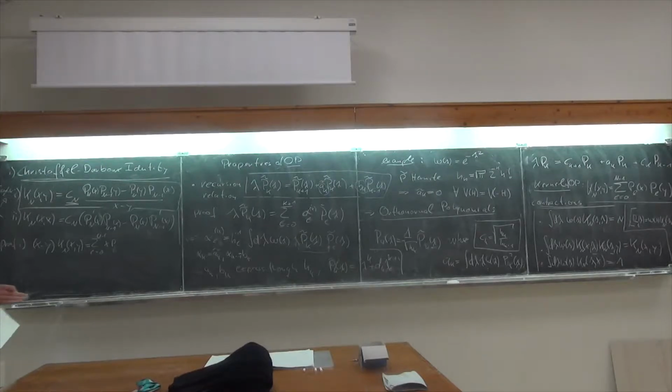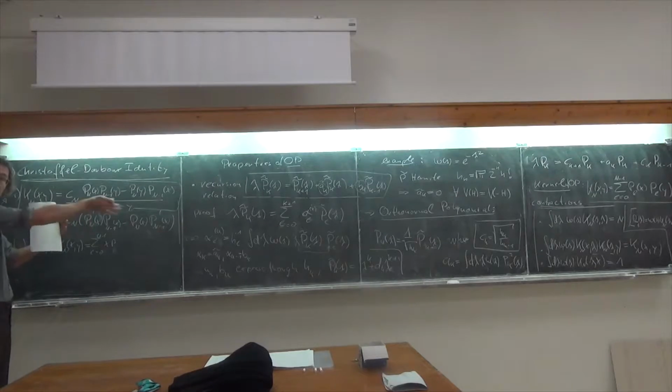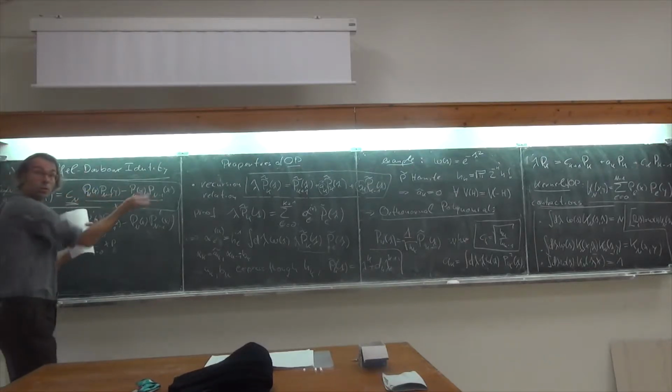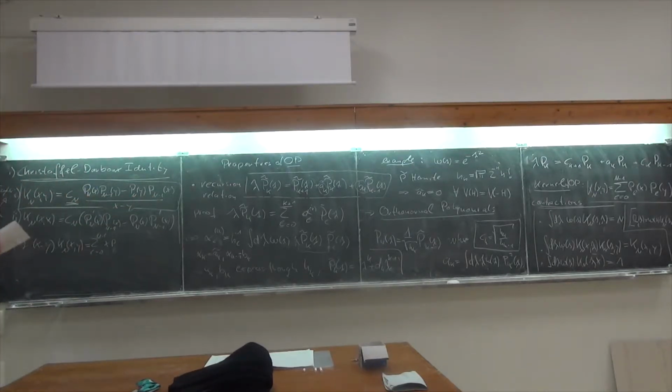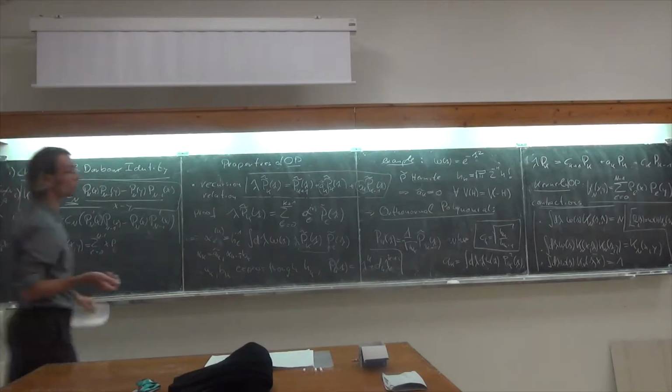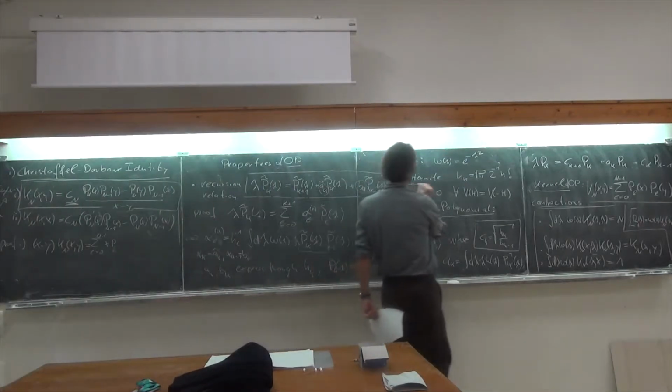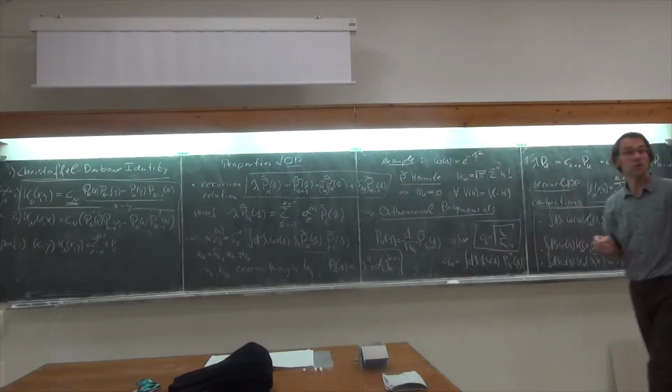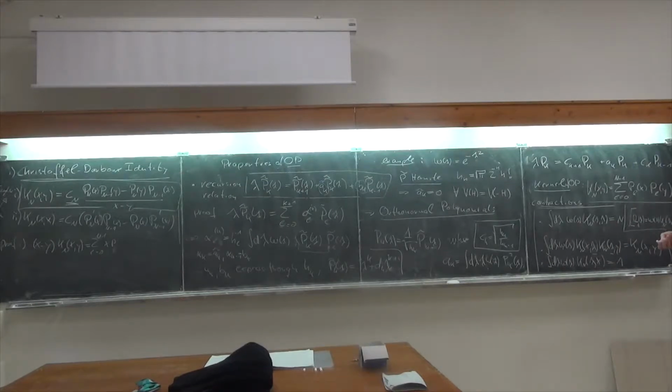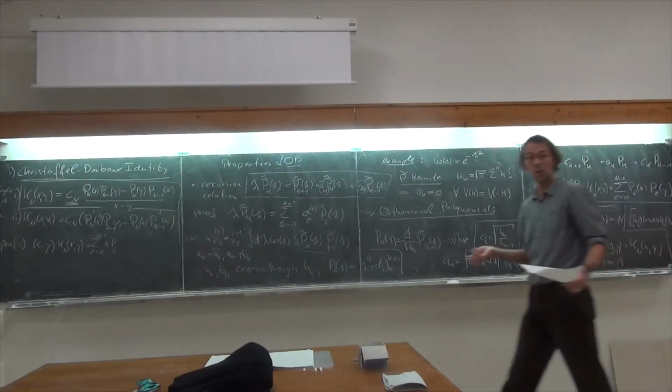Because you remember in the Vandermonde determinant, we added all powers to the polynomial, and there's no reason in general why P of 0 should be 0. That will only be true in special examples. For example, for the Hermite polynomials, the odd polynomials will be 0 at 0 because they have parity, but the even ones will be constants.